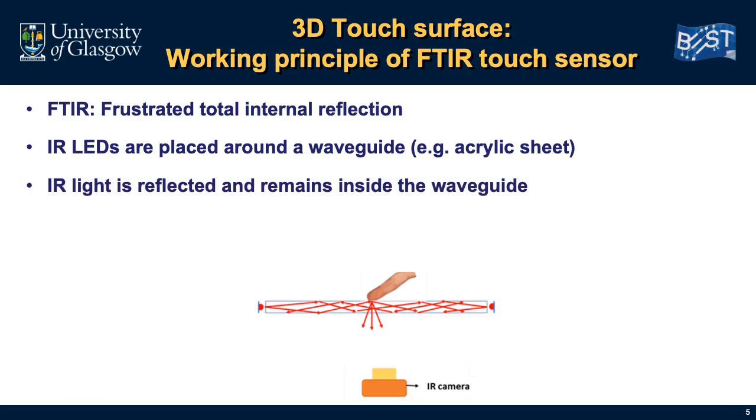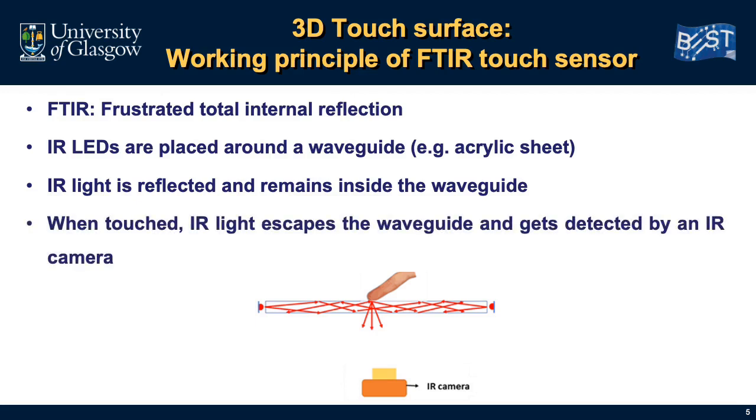With the angle of incidence greater than the critical angle, the emitted infrared light is totally reflected and remains within the waveguide. However, when we touch the panel, and due to our fingers having greater refractive index compared to air, part of the light escapes from the waveguide. An infrared camera facing the panel is used to detect the escaping light.